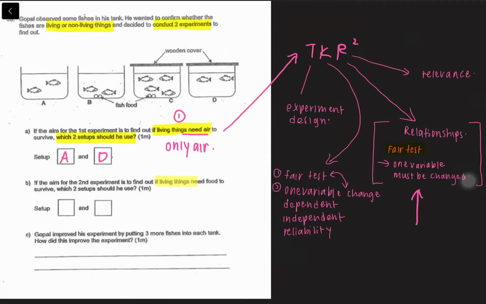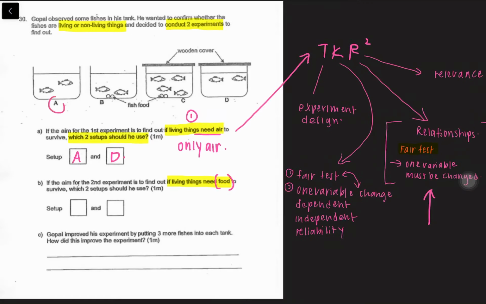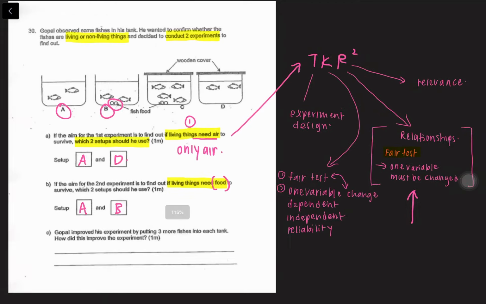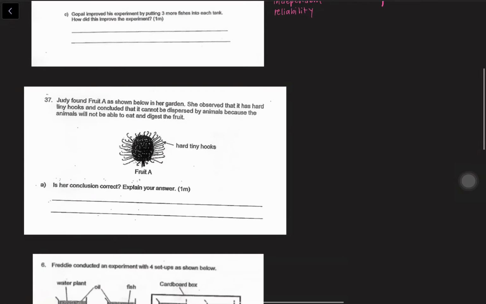So if living things need food, what is the only thing that needs to be changed? Yes, food. So let's compare. Just now we did a comparison between A and B, and we identified that between A and B, what is different is fish food. And therefore, the answer is A and B. Simple. Alright, so now that we have done that, I'll leave C for you to try out.